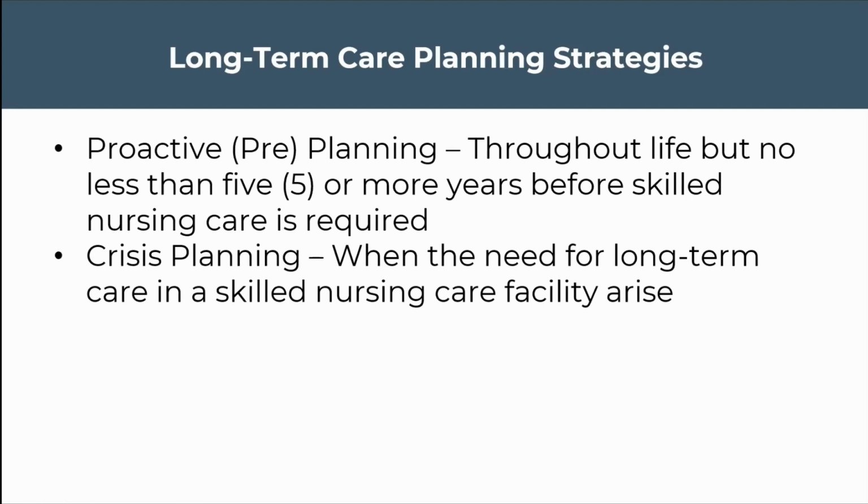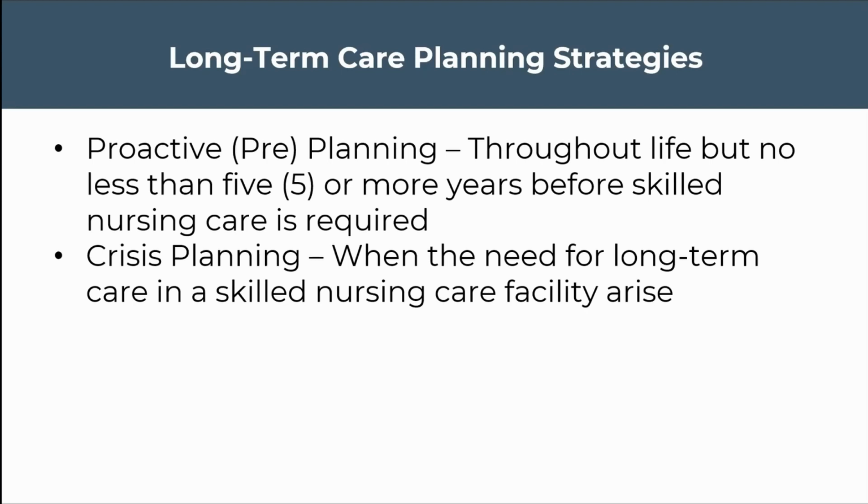Two types of planning really are pre-planning. This is 5 or more years before care is needed. This is cheaper typically than crisis planning. Crisis planning by its very nature is, you're going into a nursing home or your parent's going into a nursing home and you've got to figure it out right then and there. This gets a little expensive sometimes. And sometimes it's effective.